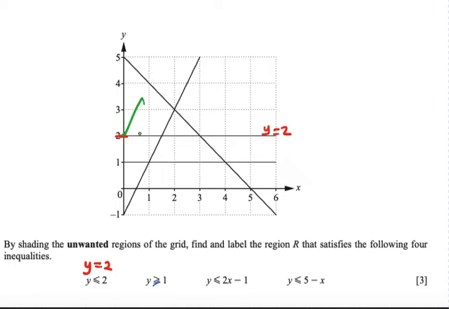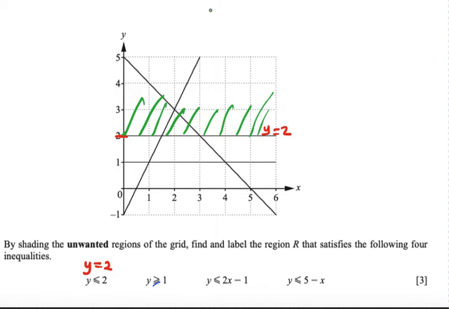Make sure that the shading starts exactly on the line, because this is where our inequality starts from. This is how I've shaded. The unshaded part is y is less than or equal to 2. You don't need to write it there. The fact that you've not shaded it represents the inequality.